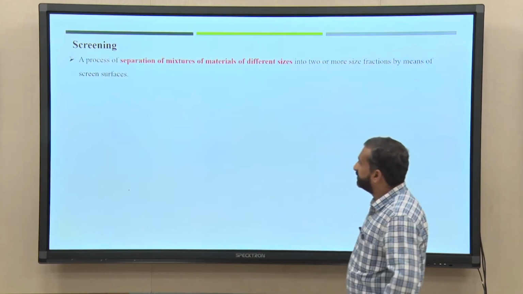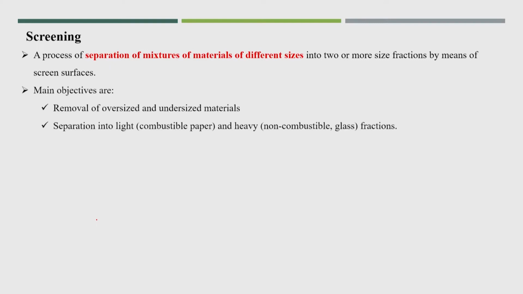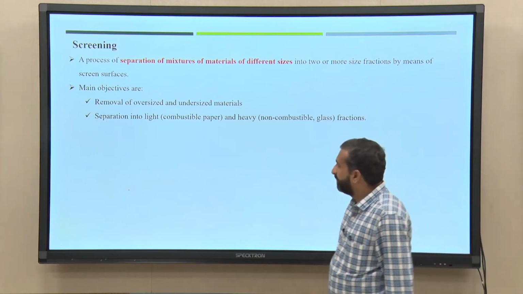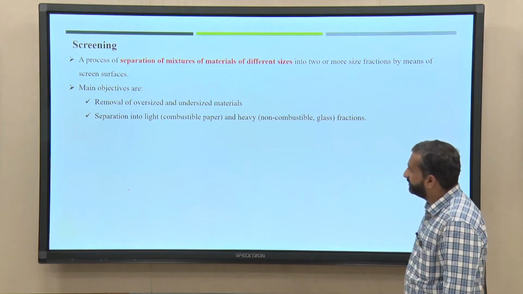Now, the next unit operation is screening, and this process of screening is a separation of a mixture of material of different sizes into two or more size fractions by means of screen surfaces. So, what is the objective of the screening? To remove oversized and undersized material, so that the final product will be uniform, and separation into light or heavy fractions.